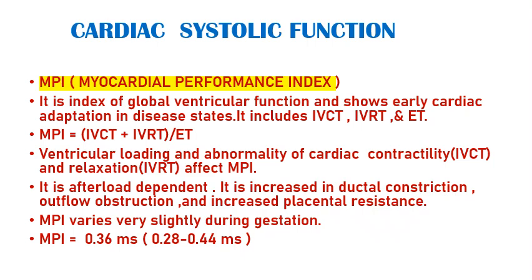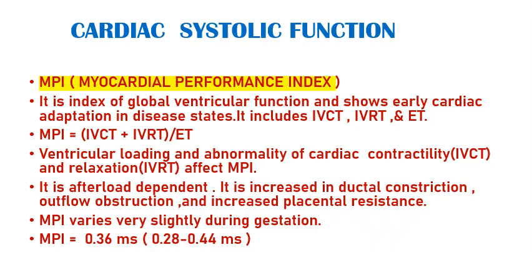Another way is the myocardial performance index. It is an index of global ventricular function and shows early cardiac adaptation in disease states. It includes IVCT, IVRT and ET. MPI is IVCT plus IVRT divided by ET. Ventricular loading and abnormality of cardiac contractility, that is IVCT, and relaxation, that is IVRT, both affect MPI.